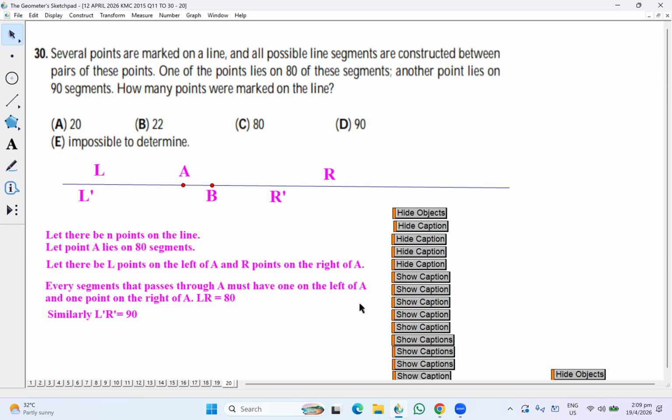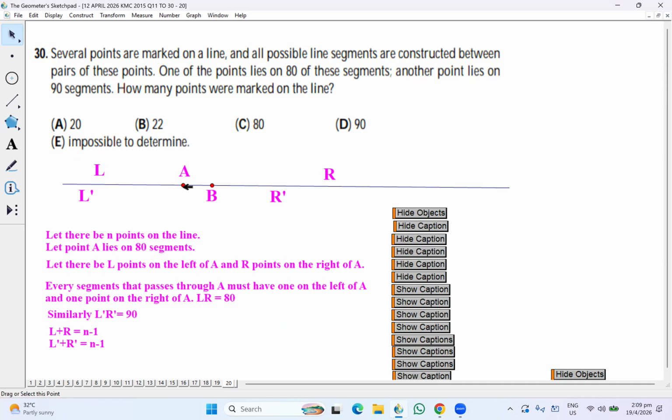Then we also know the total number of points must be n. So L plus R is n minus 1 because A is not counted. For L prime and R prime, we don't count B. B is not counted. So n minus 1.